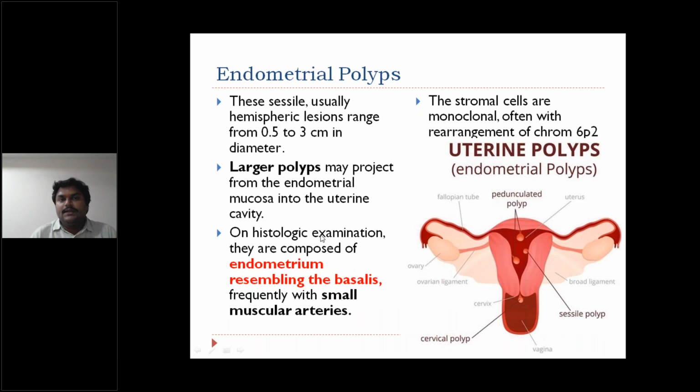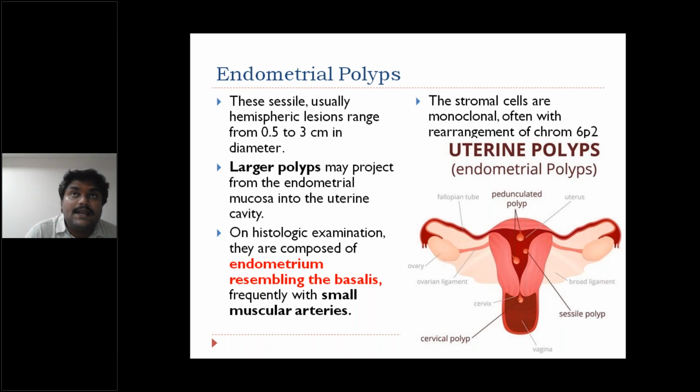Next are endometrial benign conditions like endometrial polyps. They may be sessile or pedunculated, and may range from 0.5 to 3 centimeters. The large polyps will project into the endometrial cavity. On histological examination, the endometrial glands resemble the basal endometrium, and apart from that, what is important is the presence of thick muscular arteries.